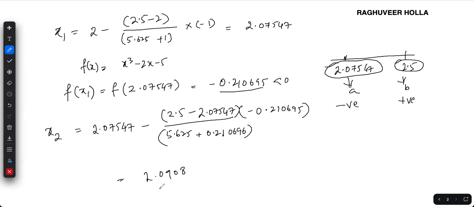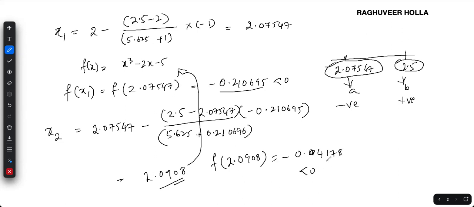What you are supposed to do is substitute this here and get f of 2.0908. Please calculate this quickly. So this gives minus 0.404178, which is less than 0. As you can see, this is negative, and this is again 2.5, which is constant and positive.